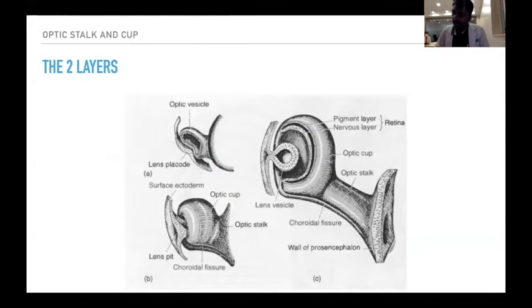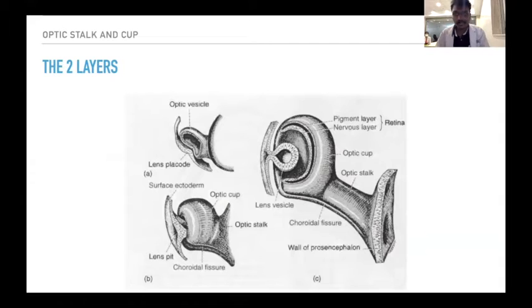And again, we have a very famous picture from Wolff's anatomy. We can see our wall of prosencephalon. From the wall of prosencephalon, there appears to be a stalk which develops in the front. The stalk forms an optic cup. Now look closer, you can see there are two layers. One layer over here, another layer over here. We have the optic stalk and optic cup. Optic cup consists of two layers.